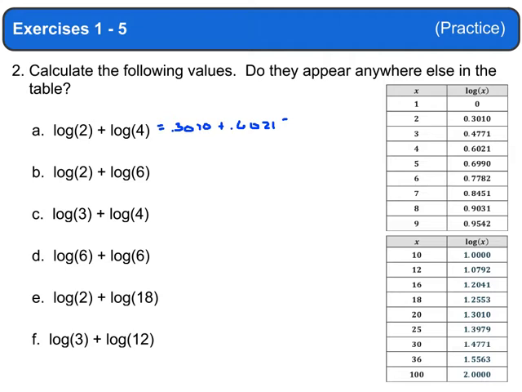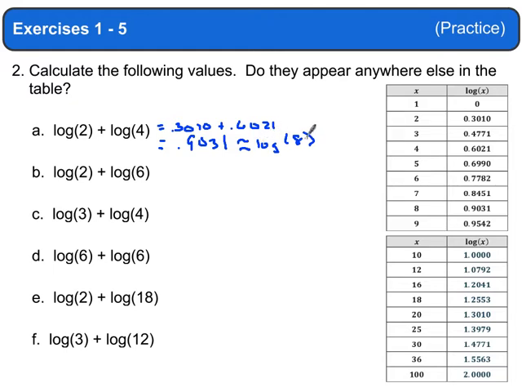When we add those two together, we get 0.9031. And it turns out that if we scan our table, 0.9031 is right there. So that's approximately the same thing as log 8.